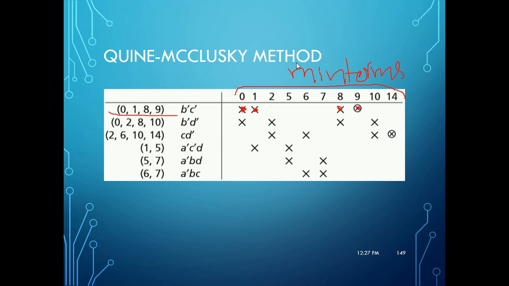Then 0, 2, 8, 10: in the column for 10, mark the 10 min term. 2, 6, 10, 14 min terms also have to be marked. 1, 5 has to be marked. 5, 7 has to be marked: fifth min term and seventh min term, mark it.